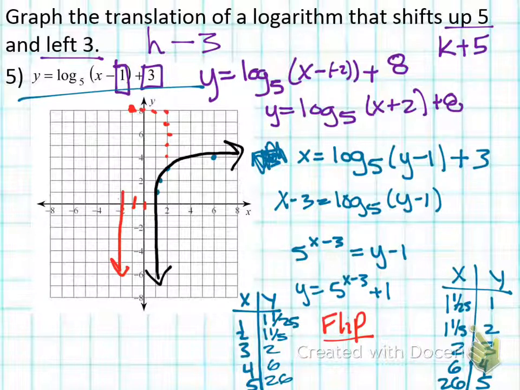So my asymptote's here, and I know it curves up and touches that other point. I could also look at any other point, like 1 and 1/5, comma 2. If I move that up 5 units, and then over 3, I end up right about here. So all of those points can be shifted in the same way, and you'll end up on the new graph.